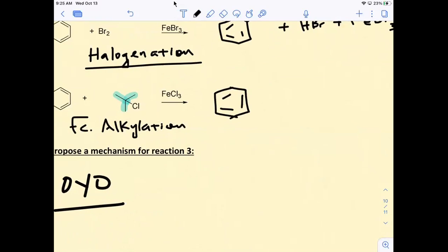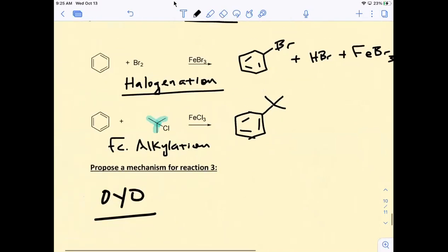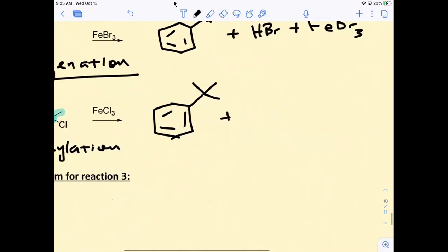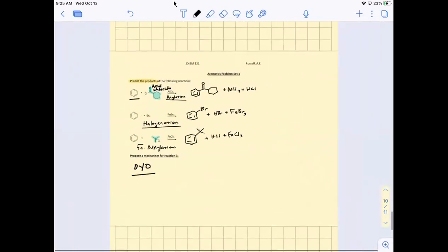That group is going to be attached to the ring except the CO. Is that right? Yes, and then plus the catalyst, since you always regenerate it. Any questions about that?